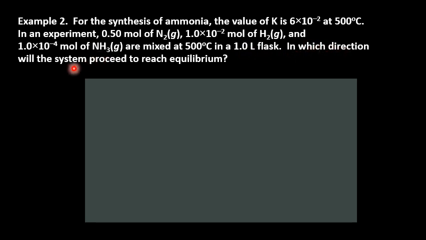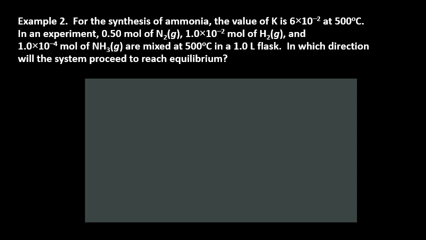In which direction will the system proceed to reach equilibrium? We don't have the equilibrium concentration, so we have to use the initial concentrations given to calculate Q, and then compare with the K value to find the direction of this equilibrium.